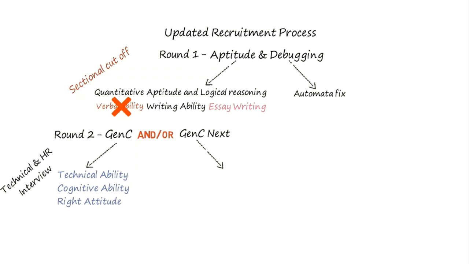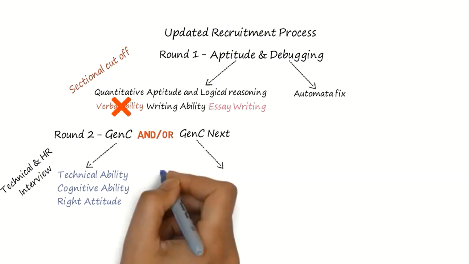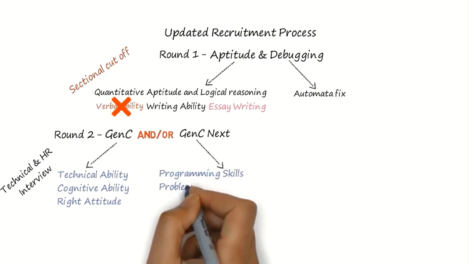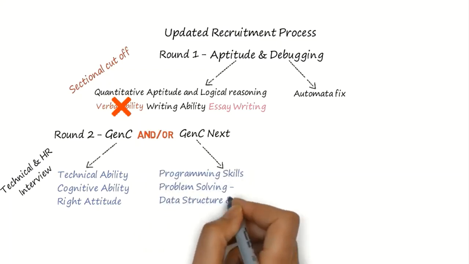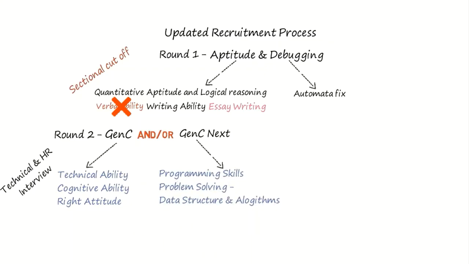But if you score higher in round 1, you would be eligible for GenC Next round 2 instead of GenC. This is a programming and problem solving round, and there will be a test on your programming skills, which is section 1, and section 2 will test your understanding of problem solving skills, data structures and algorithmic capabilities.